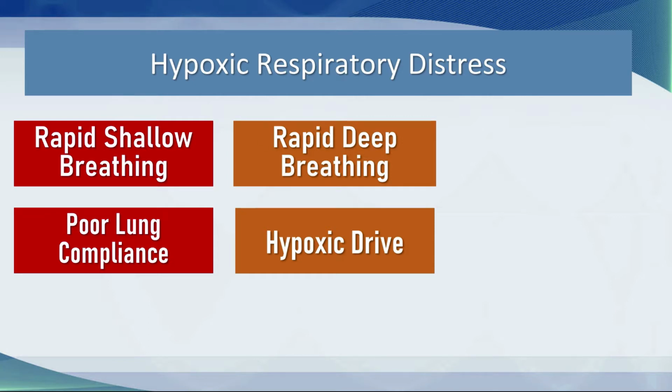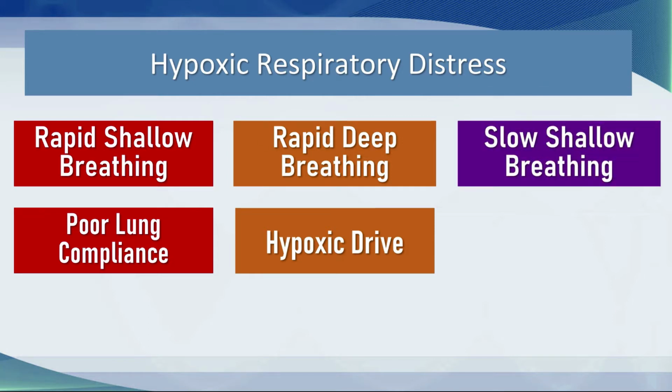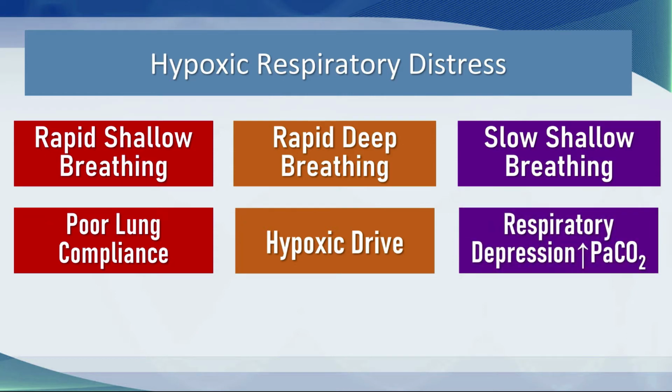The third manifestation is slow shallow breathing, and this results from the causes of respiratory depression. These are central and peripheral causes that I discussed in a previous tutorial. The PaCO2 typically rises and displaces oxygen within the alveoli. Now, each of these three presentations, rapid shallow, rapid deep, and slow shallow, are indications for oxygen therapy.